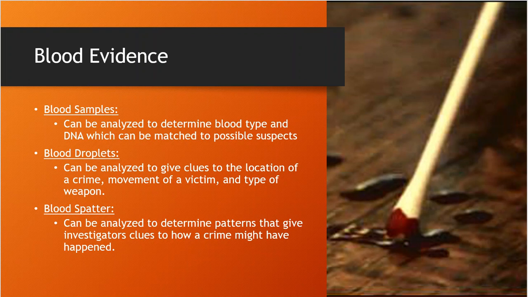And then next is the blood spatter, or splatter. Some people use that term as well. And blood spatter is basically, if you get hit, how does the blood sling across the room, or down on the floor, or across someone's article of clothing.